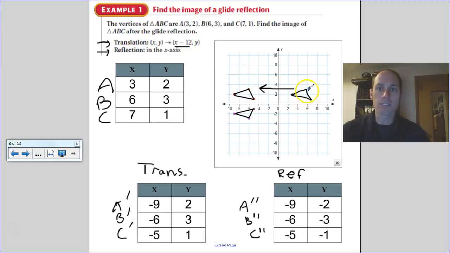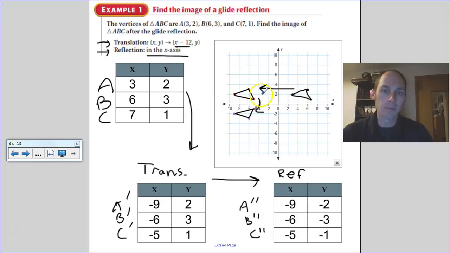The y coordinates stay the same, so it just translates to the left, and then it reflects across the x-axis. So notice just the y coordinates change there. And we can see as we go through the translation and then the reflection, we get our new coordinates as we complete that move, the glide reflection.